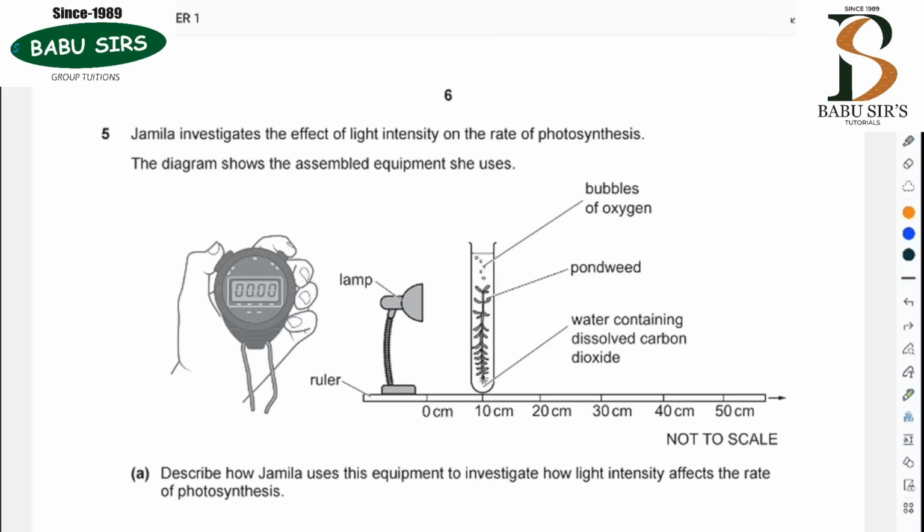Now, question number 5. Jamila investigates the effect of light intensity on the rate of photosynthesis. Now, first we'll see what is photosynthesis. Photosynthesis is when a plant takes in carbon dioxide, water, and prepares food.